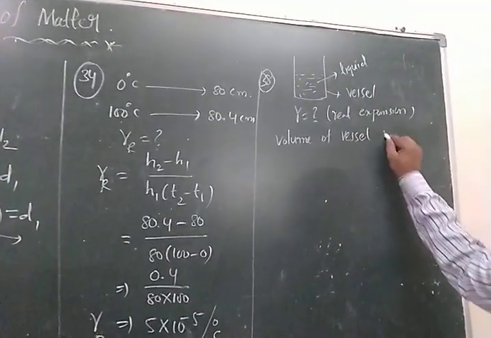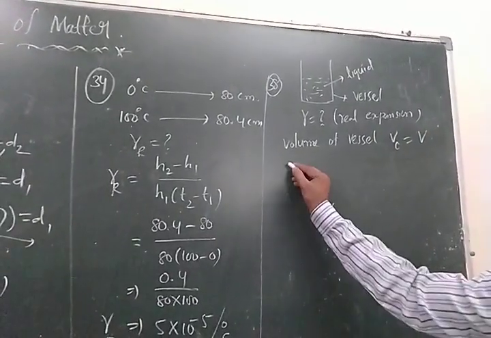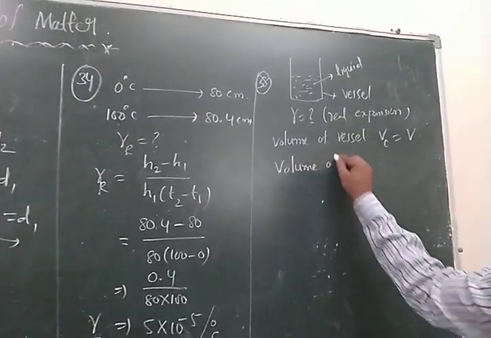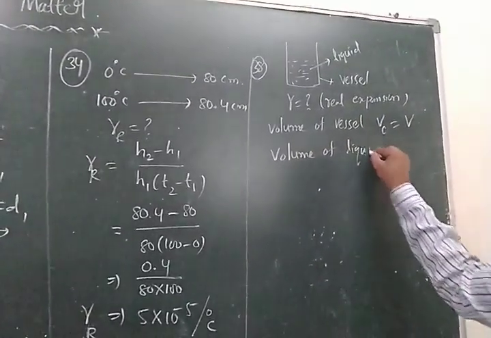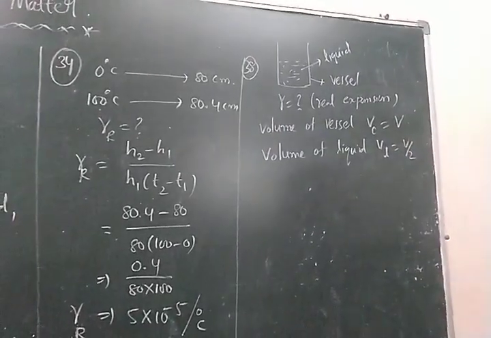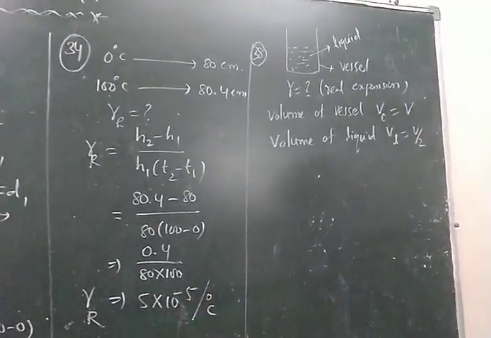That is considered Vc is equal to V. And next, the volume of liquid, VL is equal to V by 2, because it occupies half of the container.